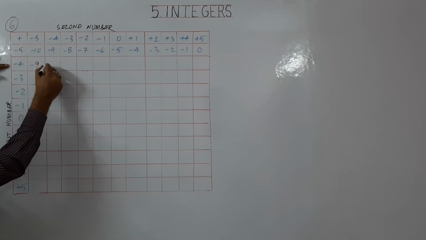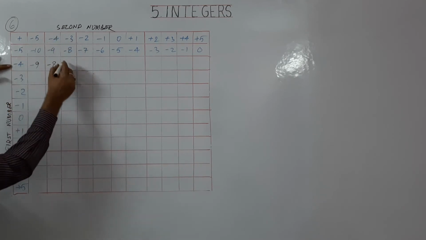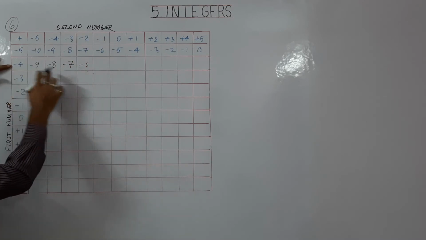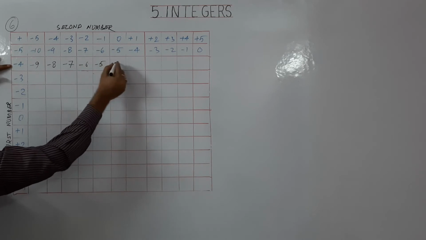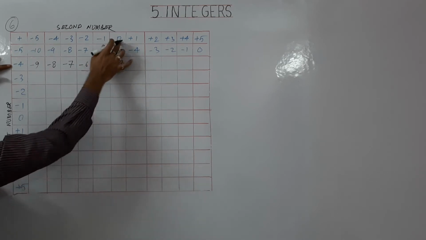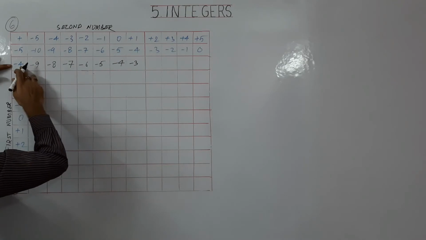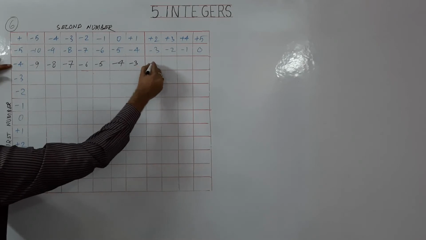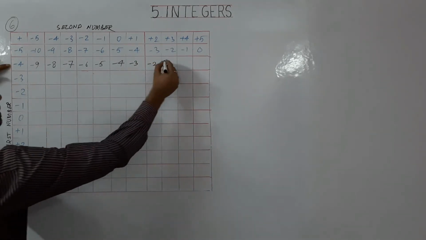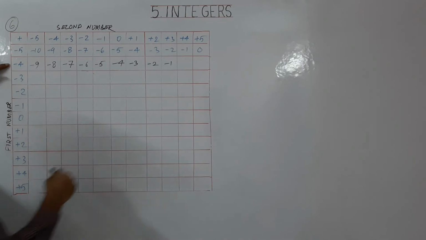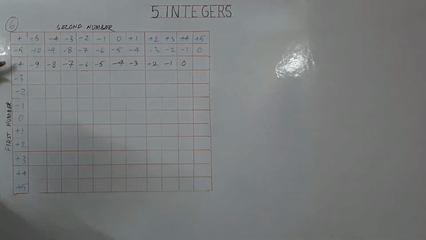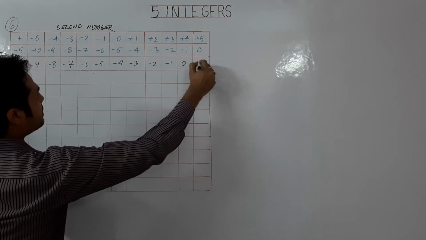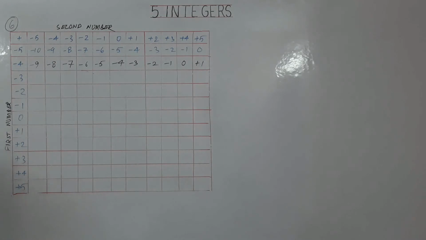Minus 4 and minus 4 for this table: minus 8. Minus 4, minus 3: minus 7. Minus 4, minus 2: minus 6. Minus 4, minus 1 is minus 5. Then minus 4 plus 0 is minus 4, minus 4 plus 1 is minus 3. Then plus 2 and minus 4 is minus 2, minus 4 plus 3 is minus 1, minus 4 plus 4 is 0, and minus 4 plus 5 will be 1 with positive sign, so plus 1.